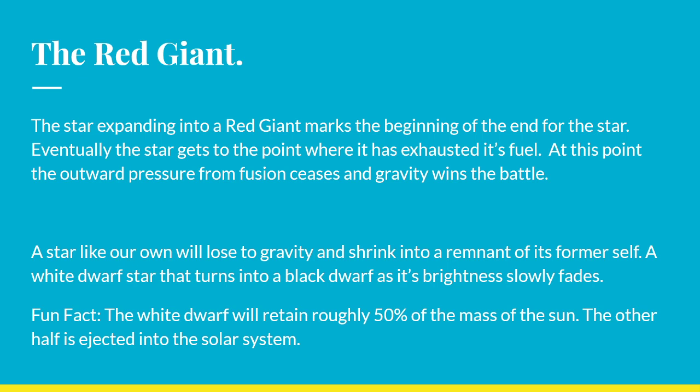So, another fun fact. It turns out that on that Hertzsprung-Russell diagram, we never actually see any black dwarf stars. And we've done a little bit of math that kind of says that the time it would take for the white dwarf star to actually fade so much that it becomes a black dwarf star is estimated to be longer, or more time, than the current age of the universe.